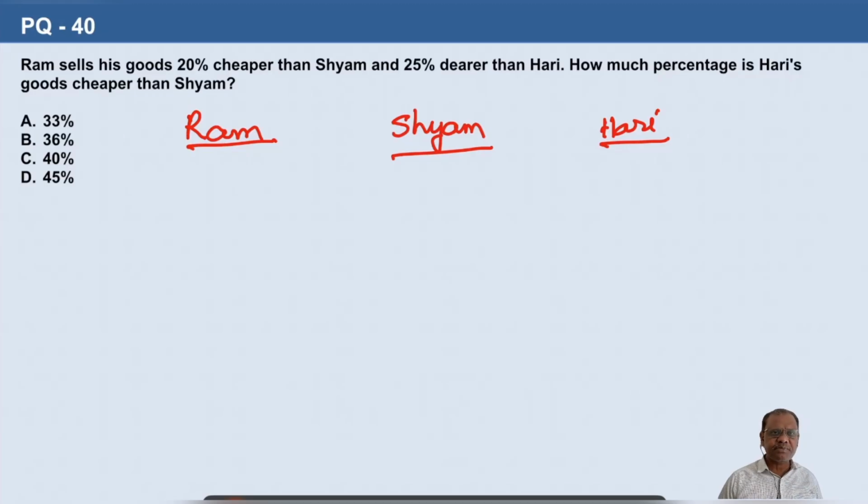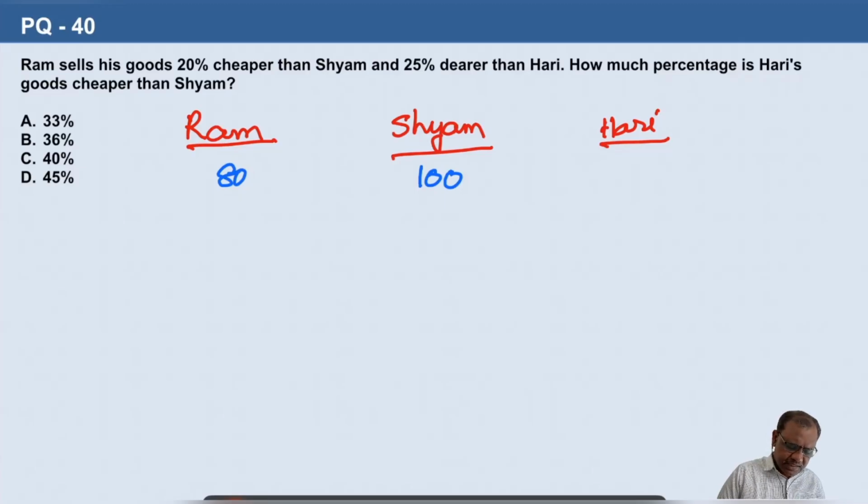So the first statement is Ram sells his goods 20% cheaper than Shyam. So that means if Shyam is selling for 100 rupees, Ram will sell for 80 rupees only, 20% cheaper. And Ram's selling price 80 is 25% more than Hari.